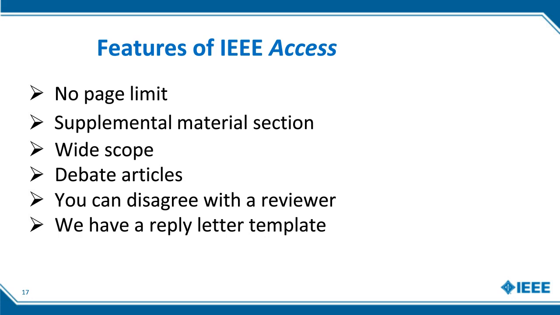Now, another interesting feature, as with most IEEE journals, you can disagree with a reviewer when you're doing your reply letter to the reviewers. But in IEEE Access, I believe we've streamlined that a bit better. We expect you, if you do disagree, to clearly disagree, give your reasons, support your reasons in your reply letter, and not only that, but to make that point transparent by actually adding it to your paper.